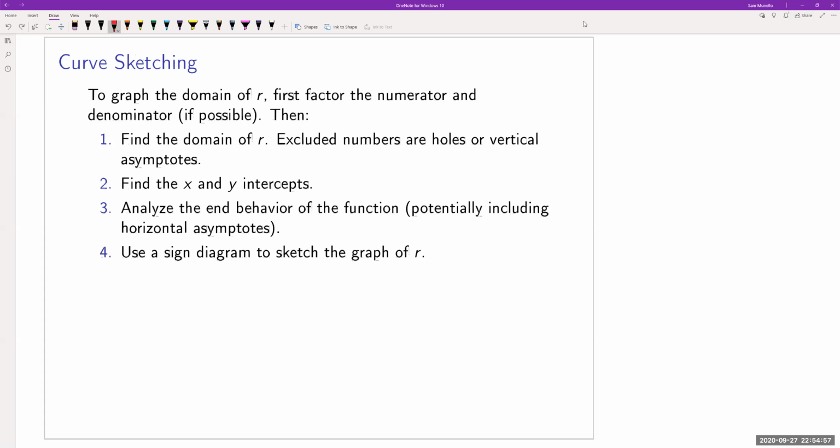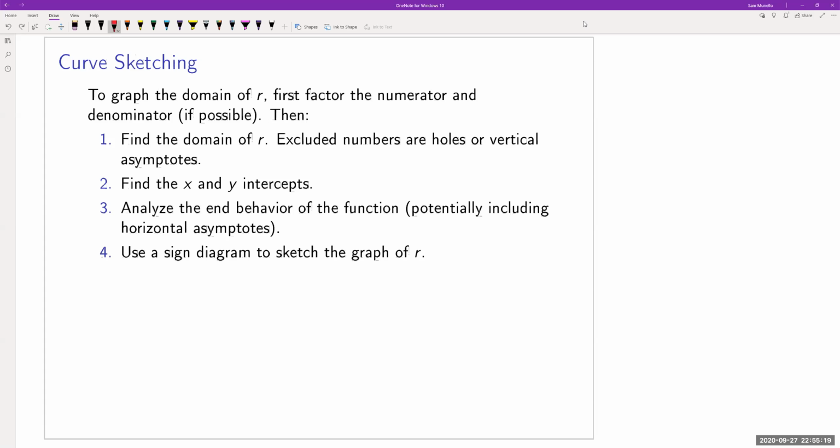The first thing you're going to do is factor the numerator and denominator if you are able to do so. Once you've done this, your next task is to find the domain. Numbers that are not included in our domain are going to either be a hole, if that number would cancel with the numerator, or a vertical asymptote, if the number would not.